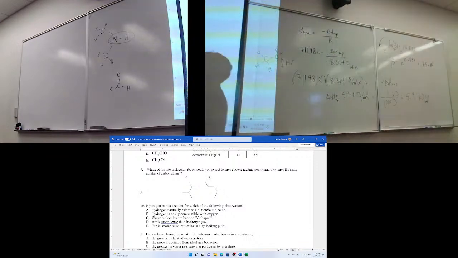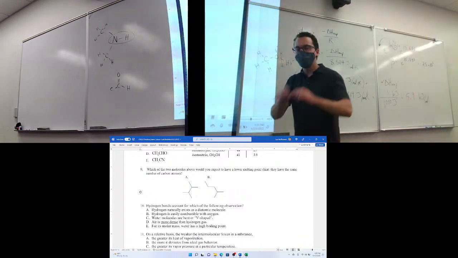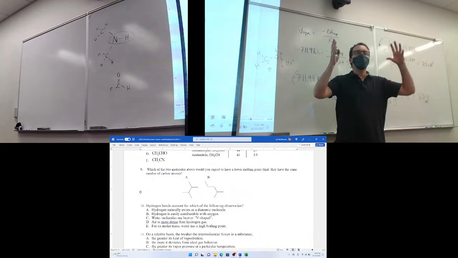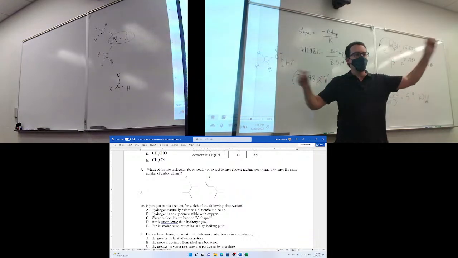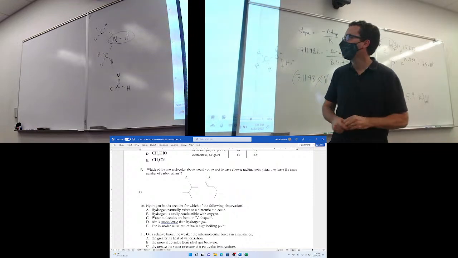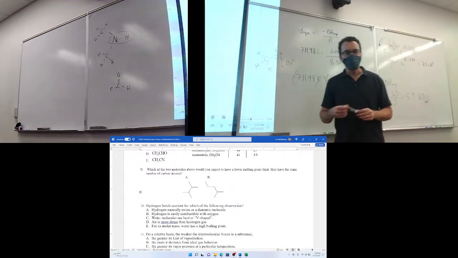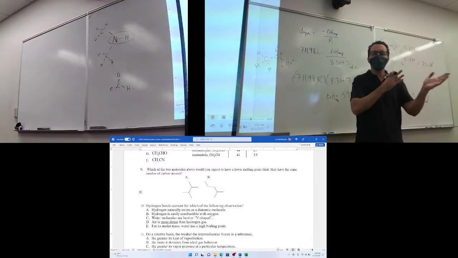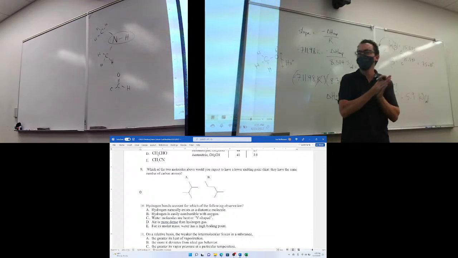So in this case, it's all about how branched it is. Straight chain alkanes are going to have the highest. If they have the same number of carbons, the straight chain alkane will have the higher boiling point, melting point, whatever it is, because a larger surface area, a more elongated molecule will have more interactions with other molecules.